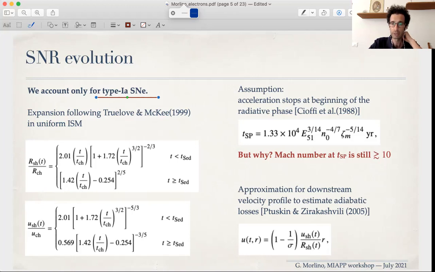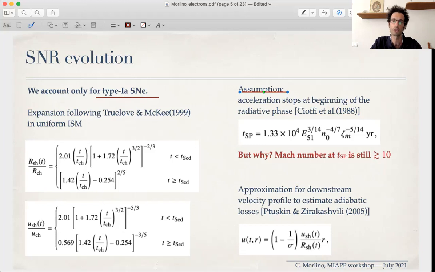There is an important assumption that concerns the particle acceleration, namely that protons are accelerated with a constant efficiency up to the adiabatic phase, where the acceleration stops. This is an assumption that is often made in the literature, but the point is that we assume this because otherwise the spectrum of particles below the maximum energy that is reached at the end of the Sedov-Taylor phase will be much steeper than the one measured.